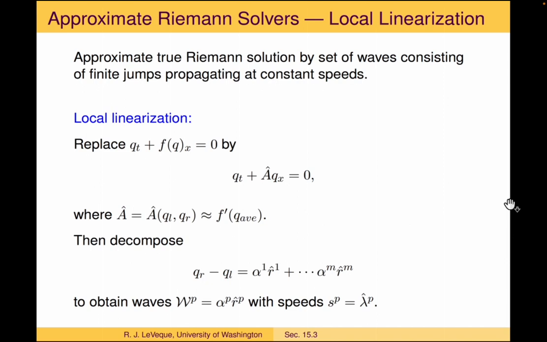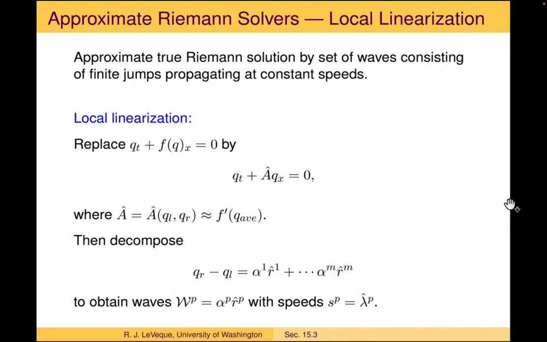But rather than pursuing that, let's look at this other approach to approximate Riemann solvers, which is based on local linearization. Again, we replace the nonlinear problem by a linear system where the A hat matrix is chosen locally at each Riemann problem to be an approximation to the Jacobian.